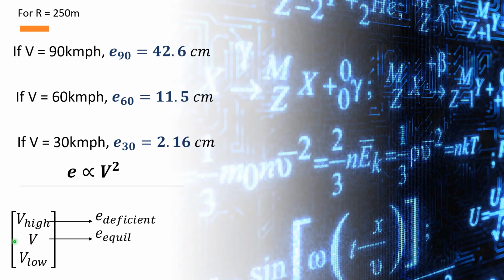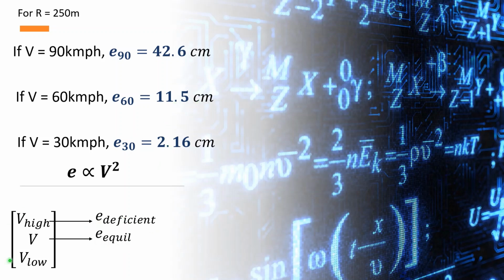So for trains running at a higher speed than the average, the e that we are providing as per the equilibrium one will become deficient. Whereas for trains running at a lower speed than the average, we require less. Say 30 km per hour is the slowest train running in that particular section, then the super elevation required will only be 2.16 centimeters. But if we are designing for the equilibrium speed, it will be 11.5 centimeters.